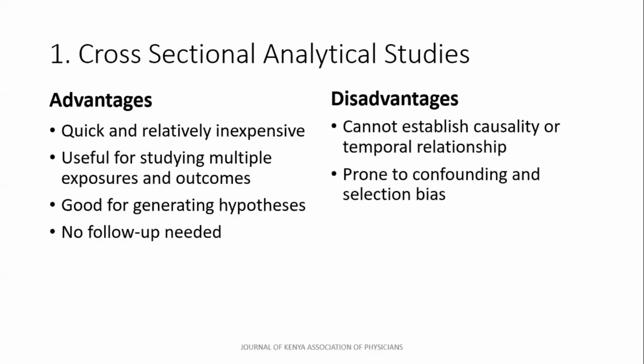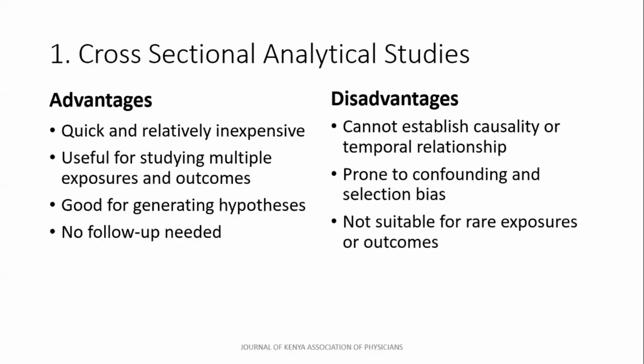Yeah, and for that reason, they are also very prone to confounding and selection. So to confounding, because there are many exposures that could basically influence the outcome at one point in time, and we're not really able to tell what caused what. Then they're also prone to selection bias, which can distort the associations we observe.